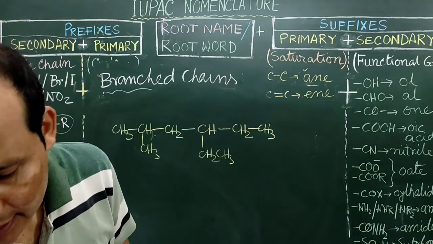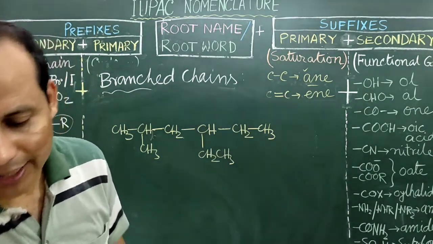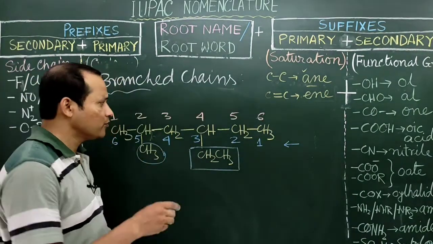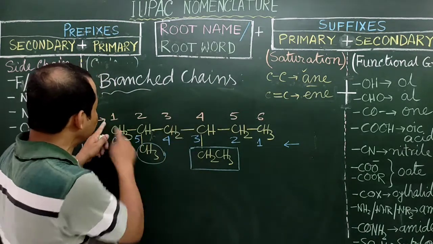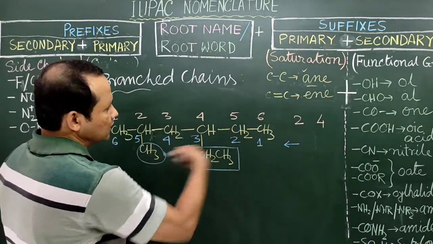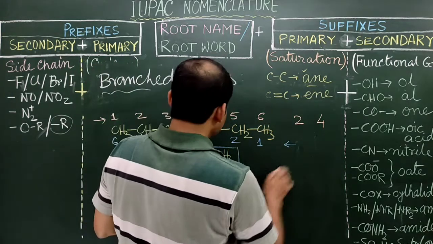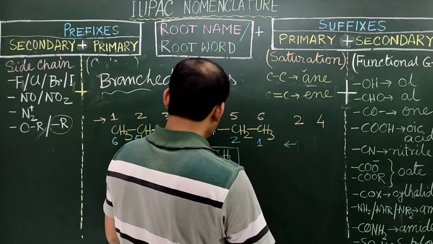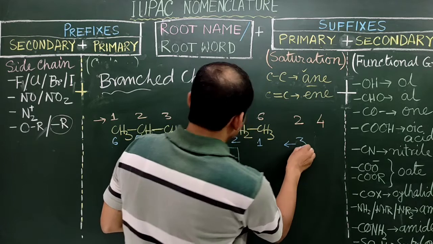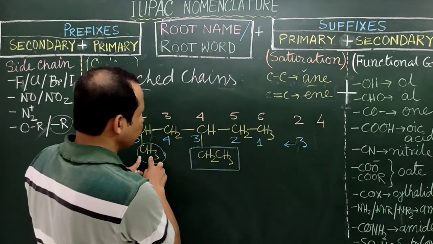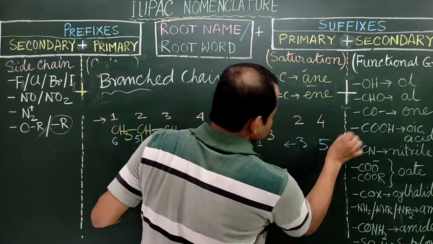We have to next give the numbering to the carbon atoms. Let me show the positions. If we start from the left, the positions are 3 for this ethyl and 5 for this methyl.